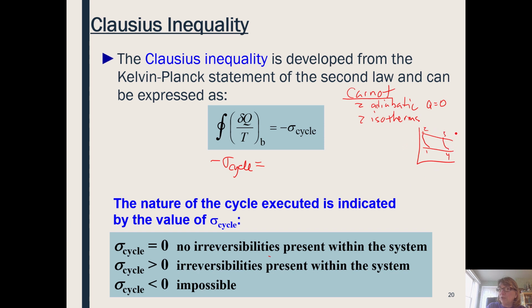So these isotherms are these lines here. And so when we're looking at our 2 isotherms, Q is coming in from the hot temperature, if we're looking at a power cycle.